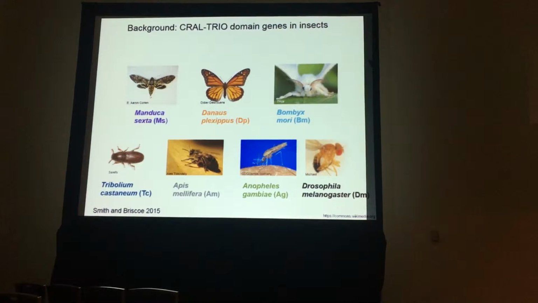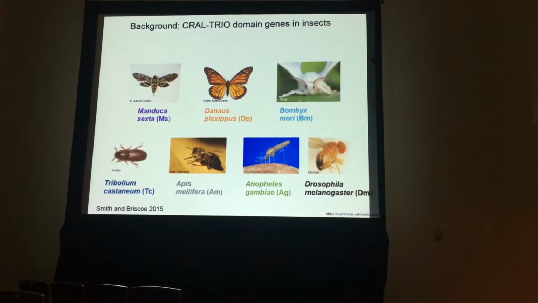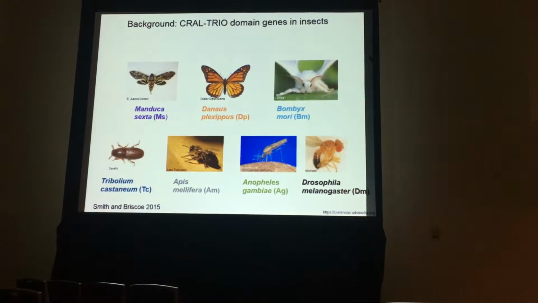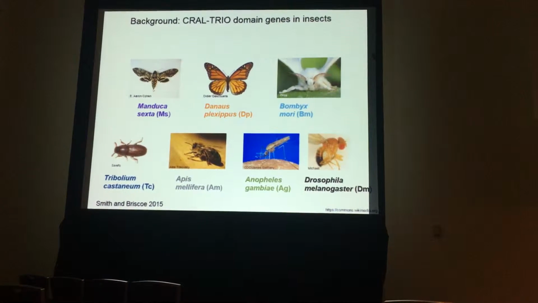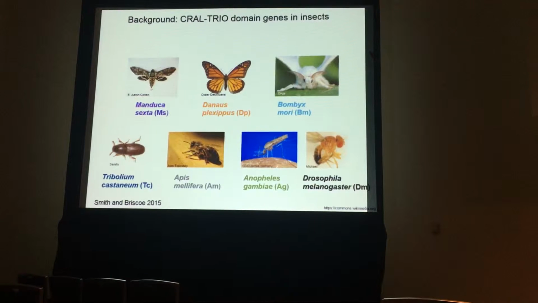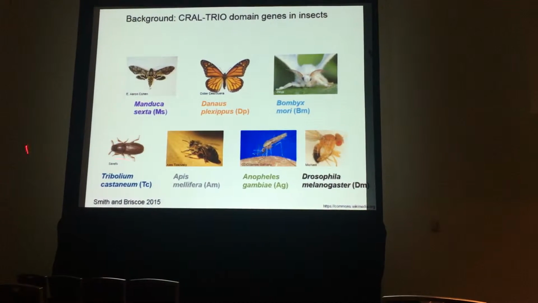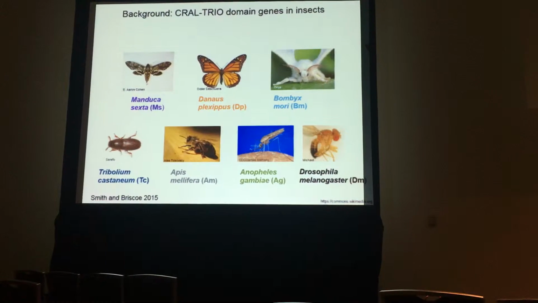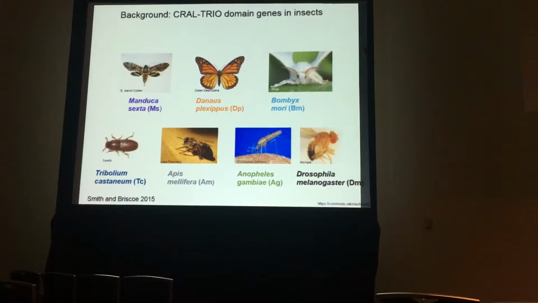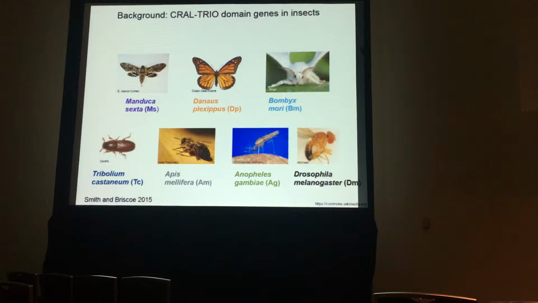And a previous study in our lab sought to create the first insect phylogeny of this gene tree. So they looked at reference genomes that are publicly available, and they used Manduca, Danaus, Bombyx, Tribolium, Apis, Anopheles, and Drosophila to search for these genes and then create a phylogeny of them.